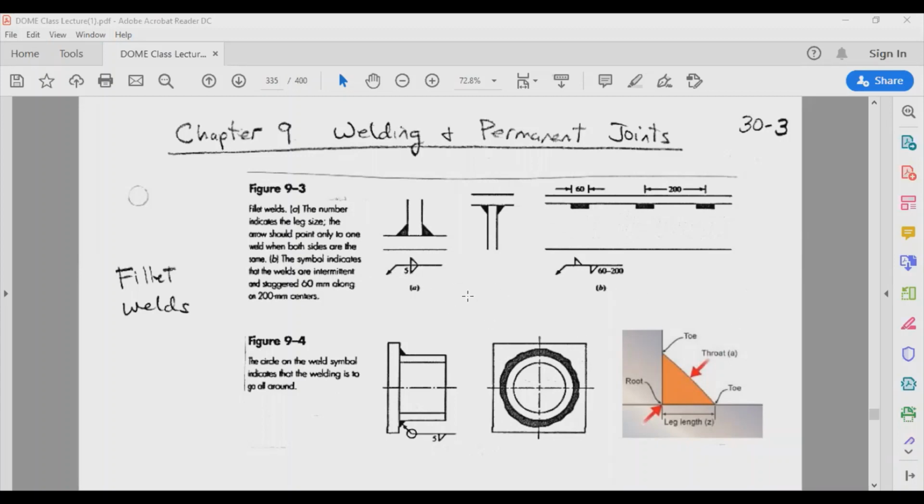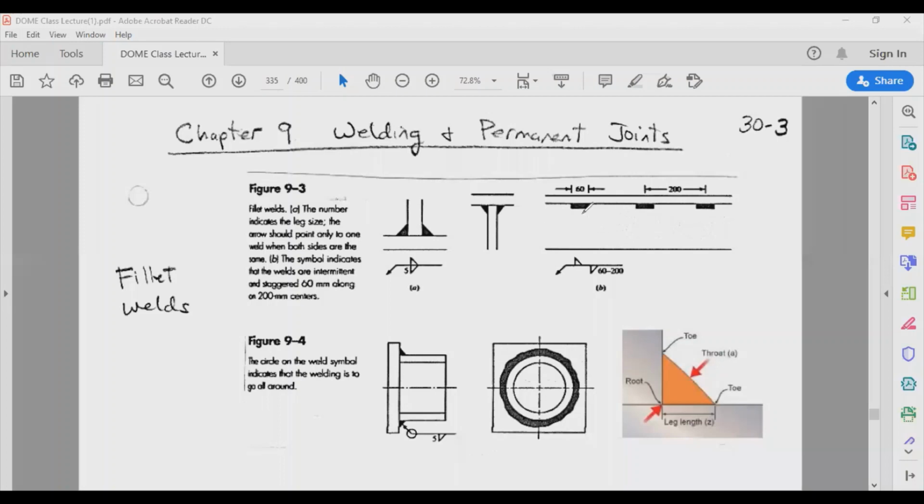The way the weld is specified on a drawing, in the case of a vertical plate and a horizontal plate, is like this, and this 5 is the leg length, which is the distance here. So this is your leg length, and that would be symmetrical, meaning you're going to have leg lengths on all ends.